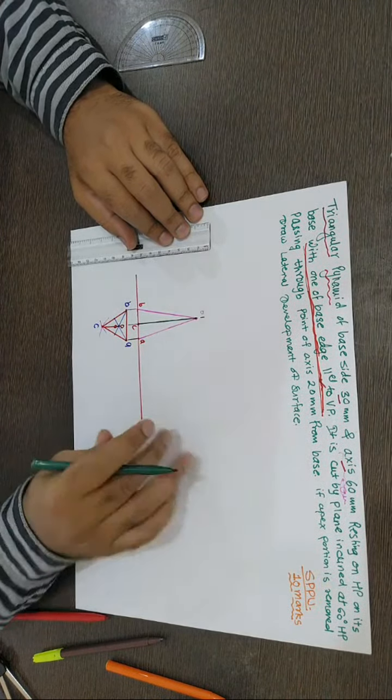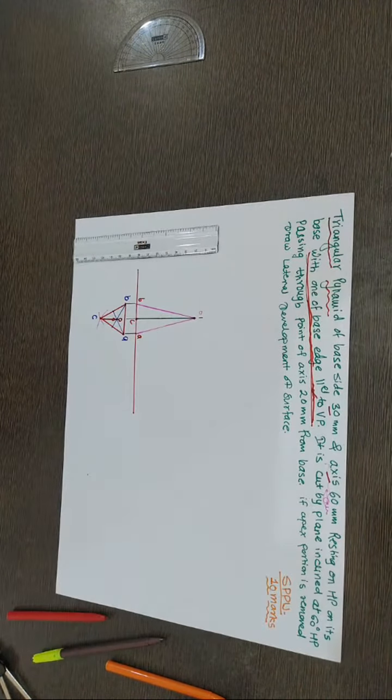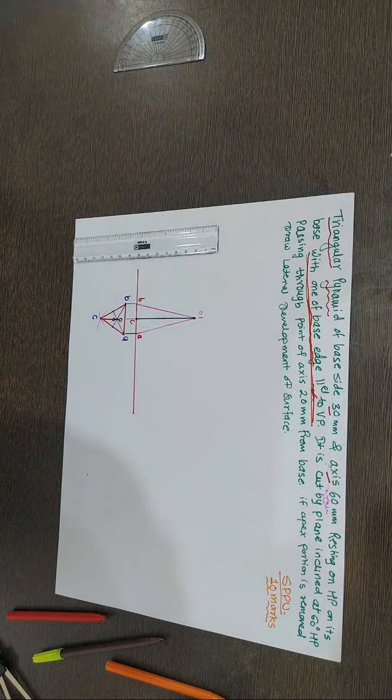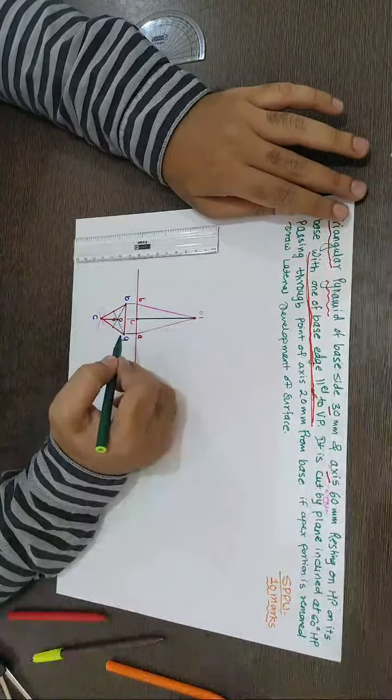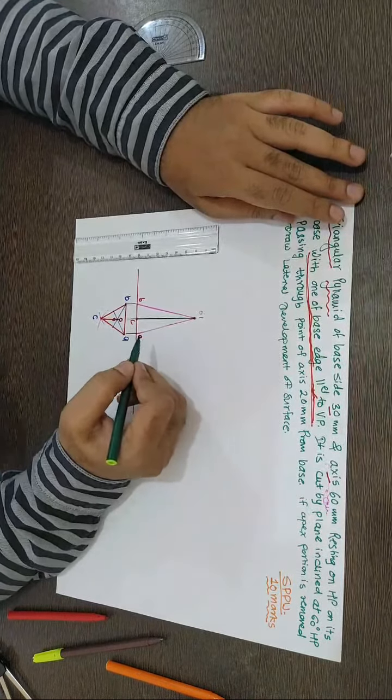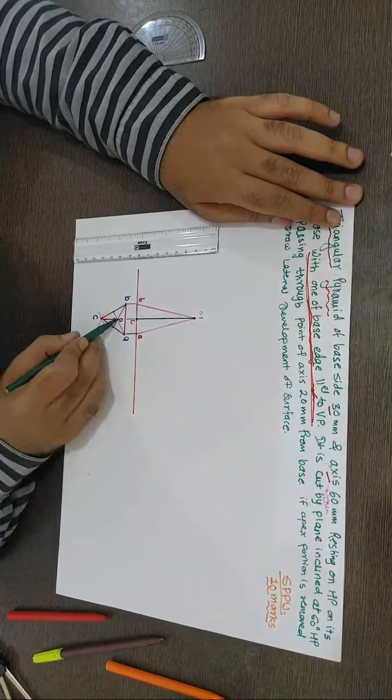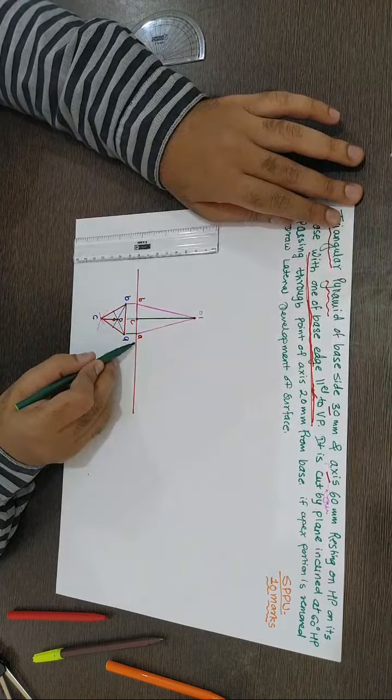Okay. Now, in a normal problem, what we do is parallel to OA, we draw one reference each and we complete the problem. But here, this OA, what I have drawn, it's not a true length of the OA edge. This is OA, which is inclined to this line.